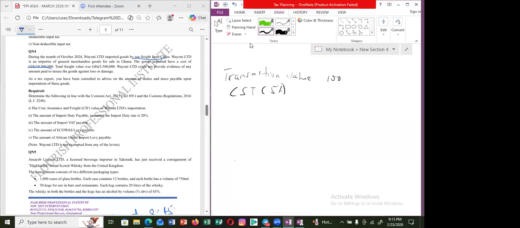So normally this gives you 105, right? So now you notice you'd have your transaction value plus the communication service tax. This is generally where there are firms in the communication service industries.